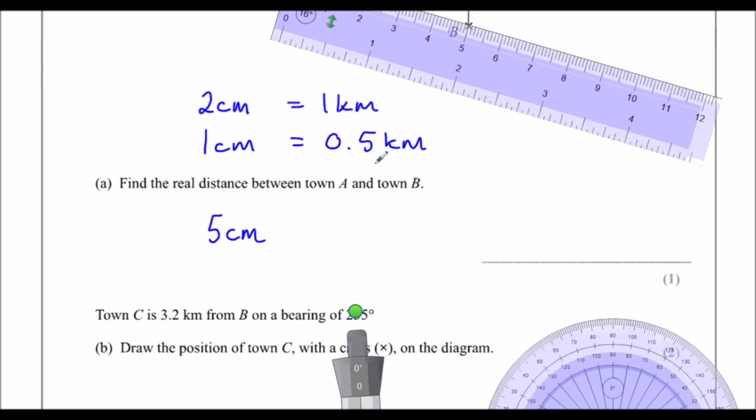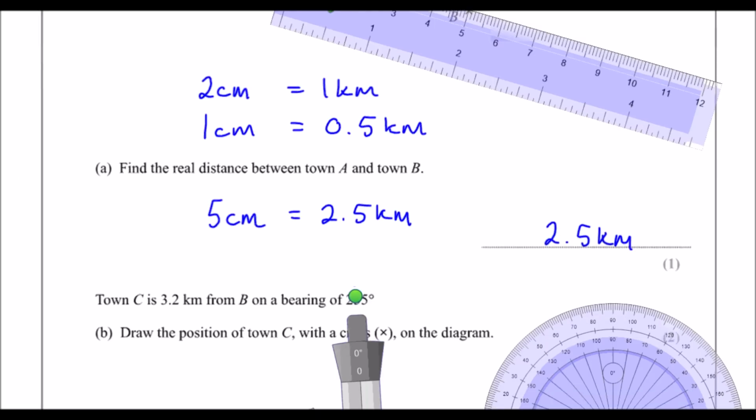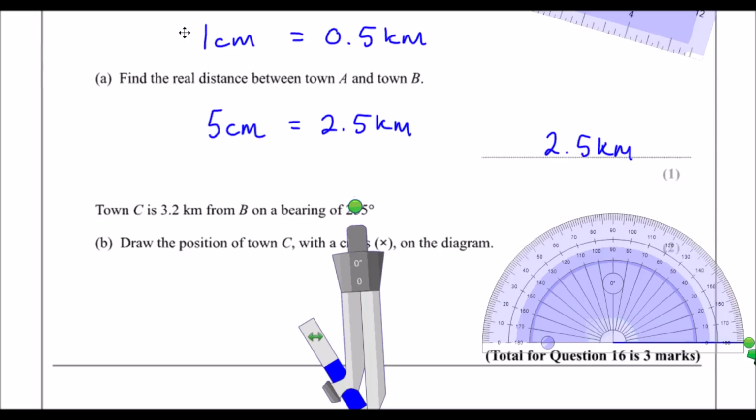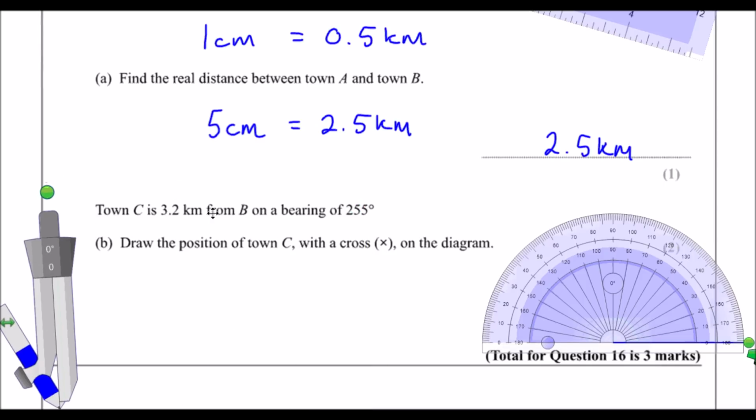So 5 centimeters is 5 halves. 5 0.5s, that's 2.5. So this is 2.5 kilometers in real life. Part B says town C is 3.2 kilometers from B on a bearing of 255 degrees.